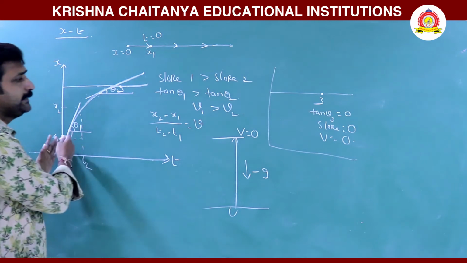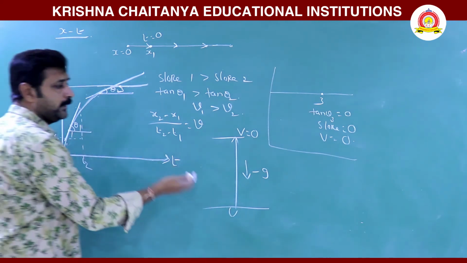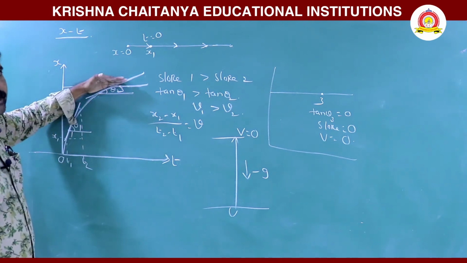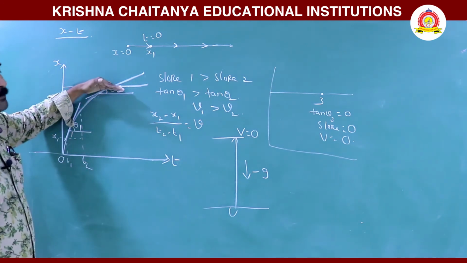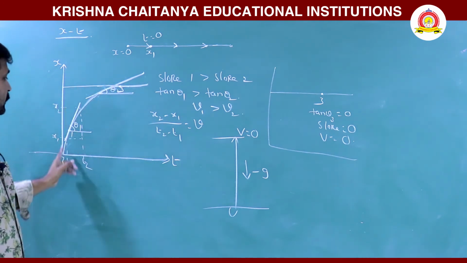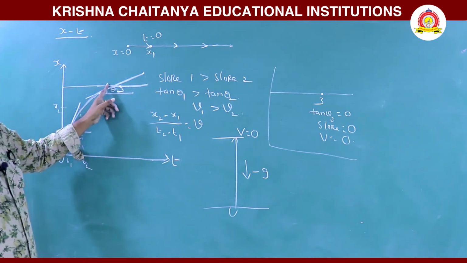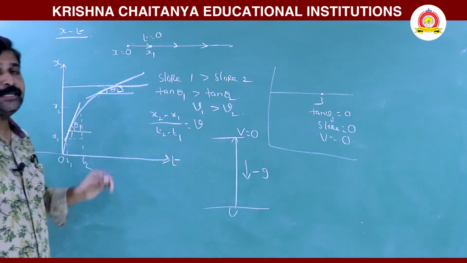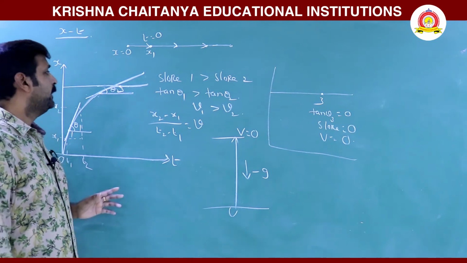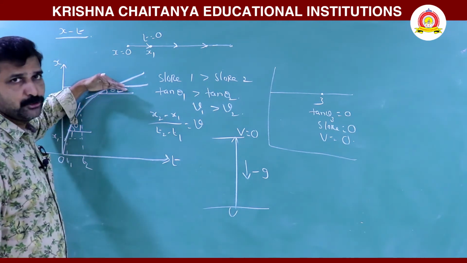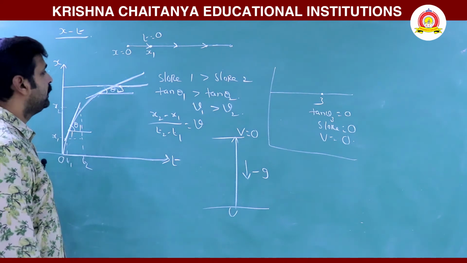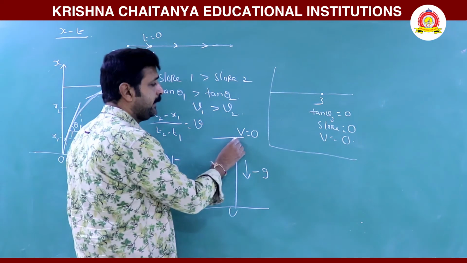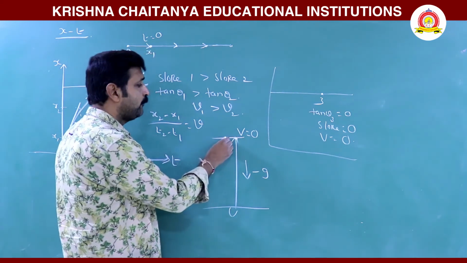So this graph is an example of a vertically projected body up to maximum height, up to here. Up to here, the slope gradually decreases, meaning the velocity of the body gradually decreases, so the body is under retarded motion. Finally velocity becomes 0. Now from here onwards, what happens when the body reaches maximum height? Again it falls down.